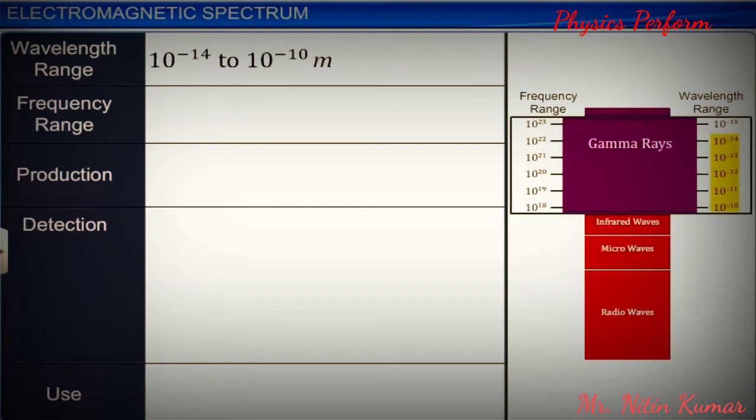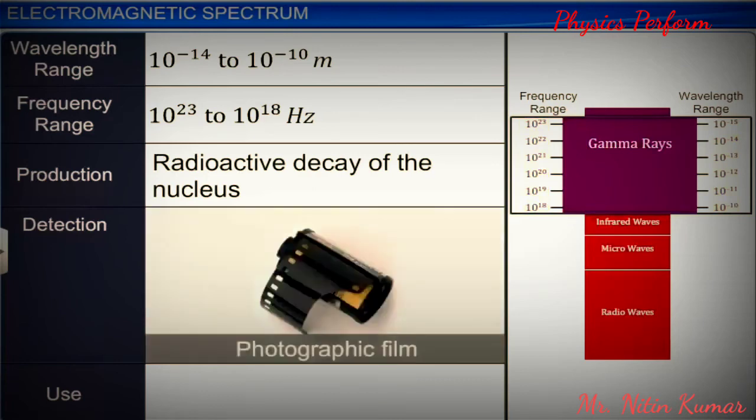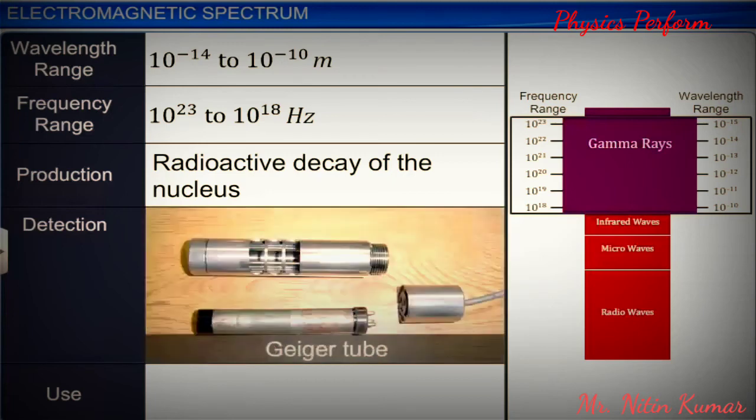Frequency range of gamma rays is from 10 power 23 Hz to 10 power 18 Hz, which lies in the upper frequency range of the electromagnetic spectrum. Gamma rays are produced by the radioactive decay of the nucleus. They are detected by photographic films, Geiger tubes, and ionization chambers. They are used in medicine to kill cancer cells.